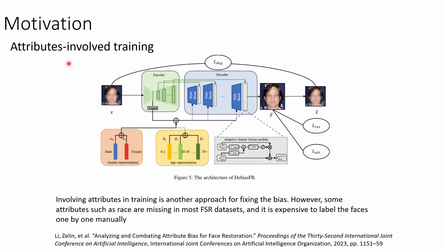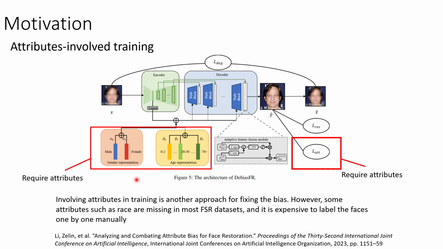Another approach is attributes involved training. In this case, this is the architecture of debiased phase restoration. In debiased phase restoration, they want to combat the bias for gender and age.